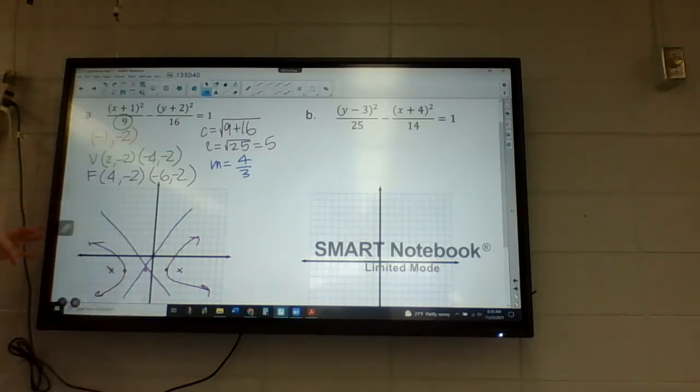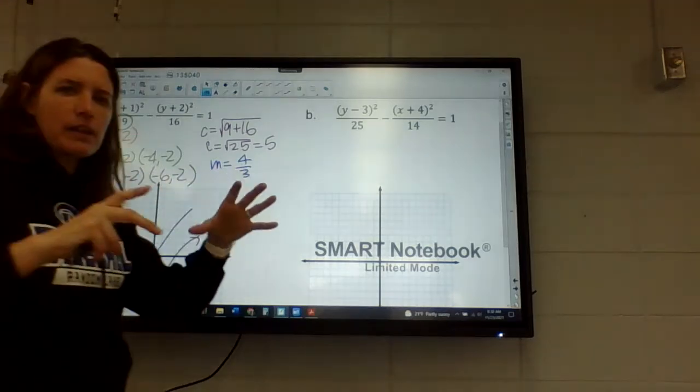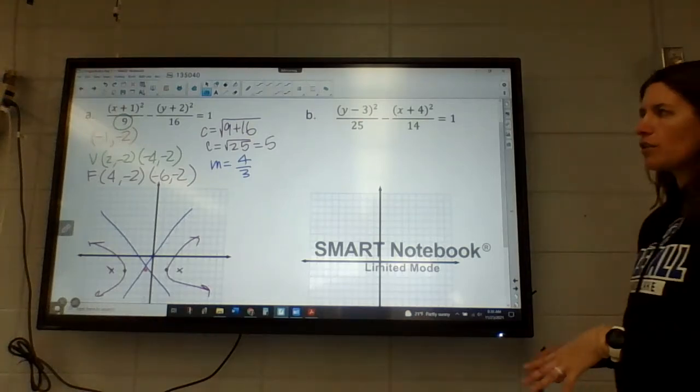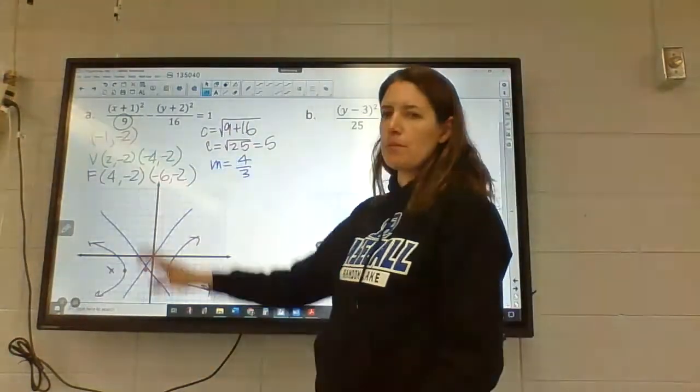My hyperbolas would have been a little bit wider, but we're not worried about brain surgery right now. This is a rough drawing anyway, so long as you get them drawn in the right spot. If you know these 3 points, you're probably doing pretty good.